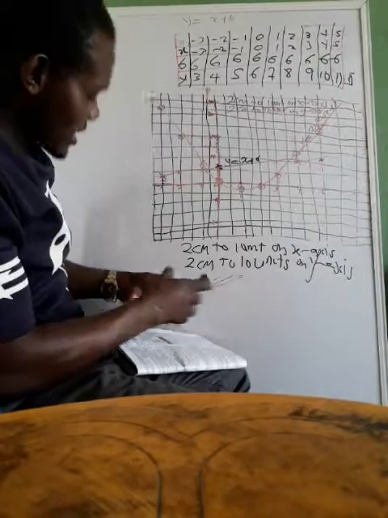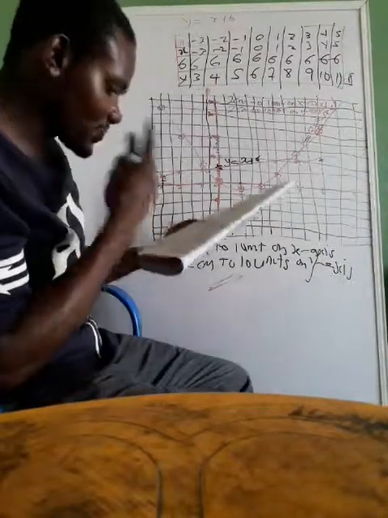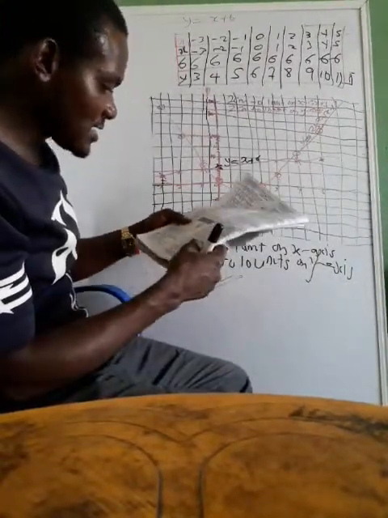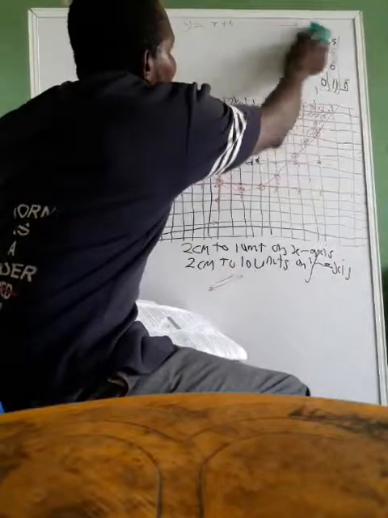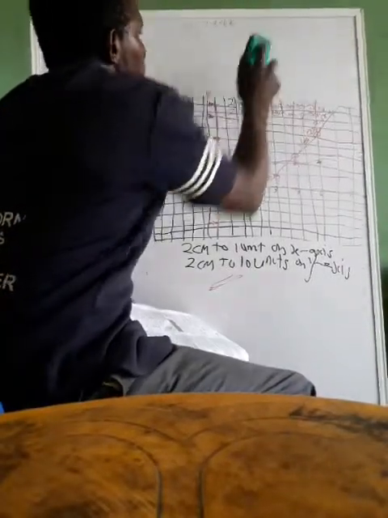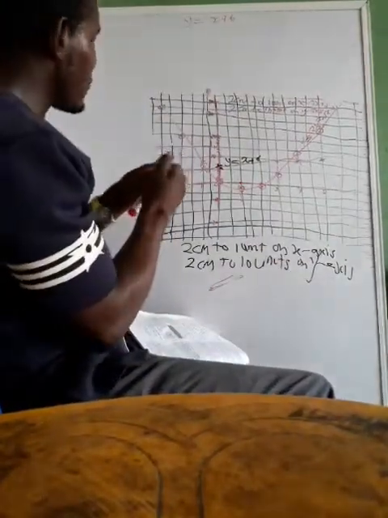Now what we are looking at is to find the least value of y, and at the same time you have to find the value of s at that very point.